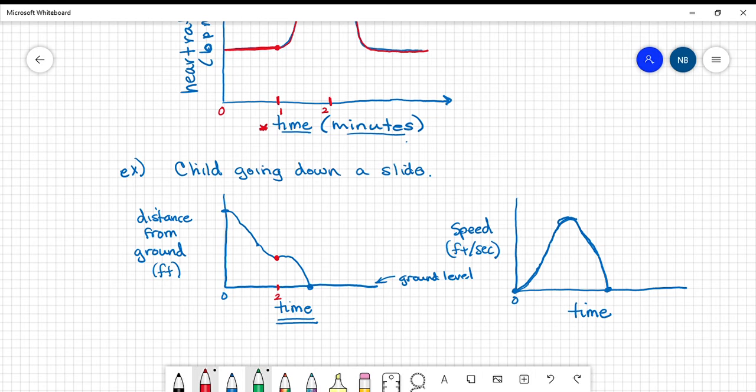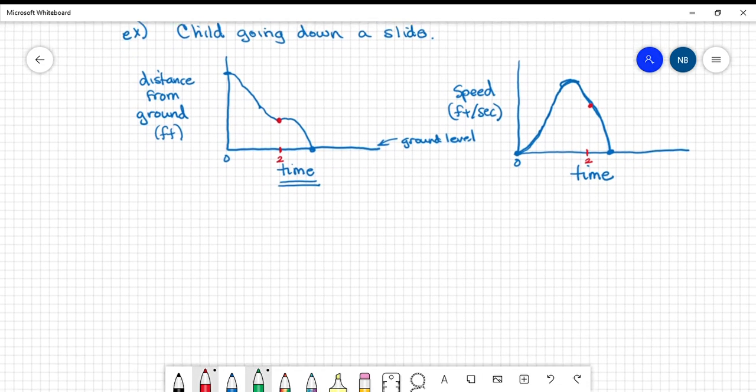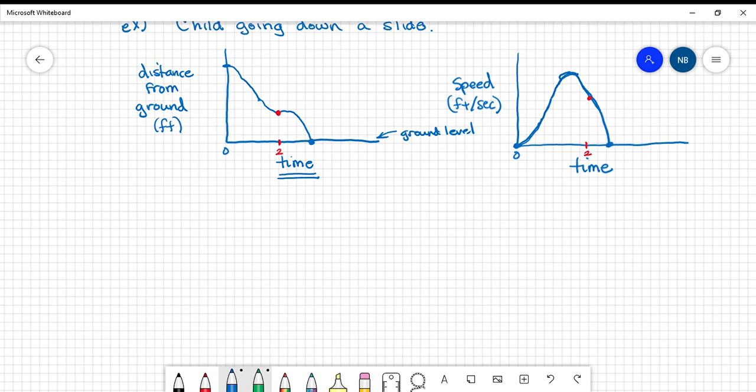Same thing with the speed graph. If I pick a time, like 2 seconds in, the child is traveling at a certain speed, maybe 3 feet per second or something like that. But there's only one such point. This is a characteristic of what we call a function in math.